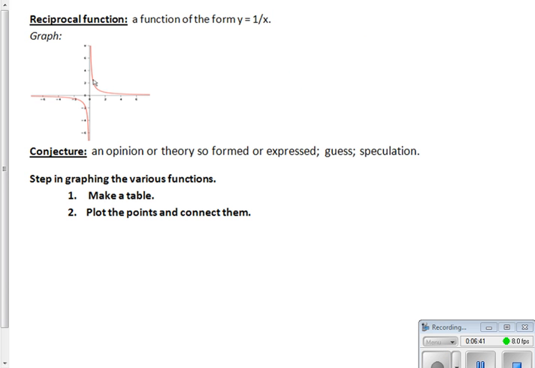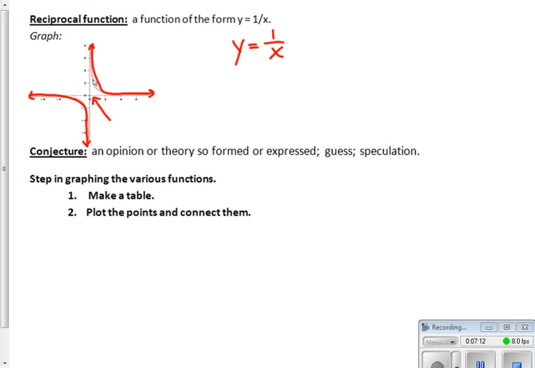Next is a reciprocal function. It's a function in the form of y equals 1 over x. So notice here, x is a denominator. When you have x as your denominator, this is what our graph would look like. And the biggest thing here is that on this graph, your x value will never come to be 0. The graph goes on in both directions, but does not touch that line.